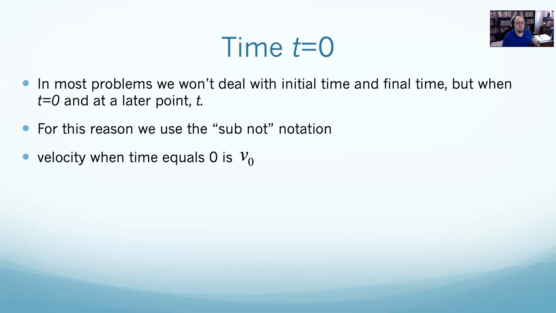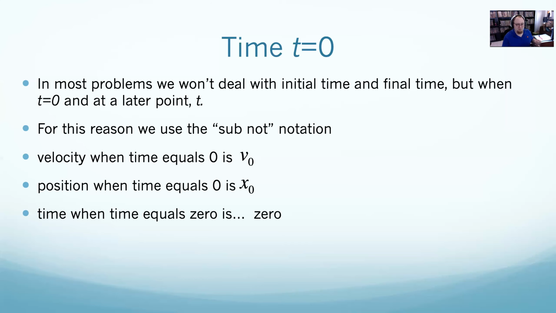My position when T equals 0 is X sub naught. And my time when T equals 0 is 0. So instead of initial and final, we're going to have sub naught and just regular. X sub naught is initial position. X is final position. V sub naught is initial velocity. V is final velocity. And that's how we do these notations.